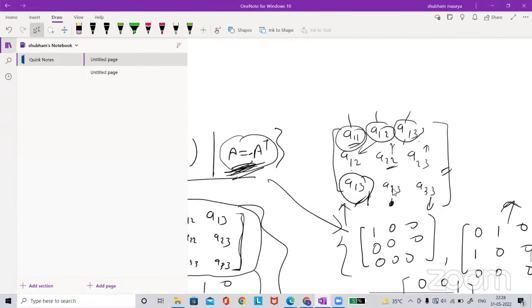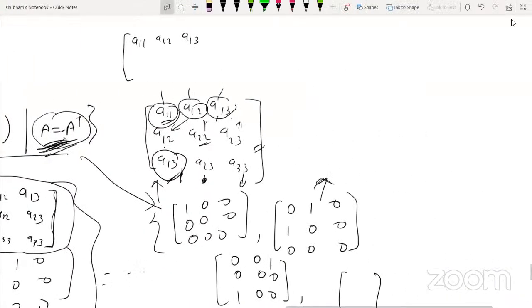Sir, can we take an example and do it using that example? Let's take a general matrix: A11, A12, A13. If it is difficult to write like this, just write properly: A21, A22, A23, A31, A32, A33.